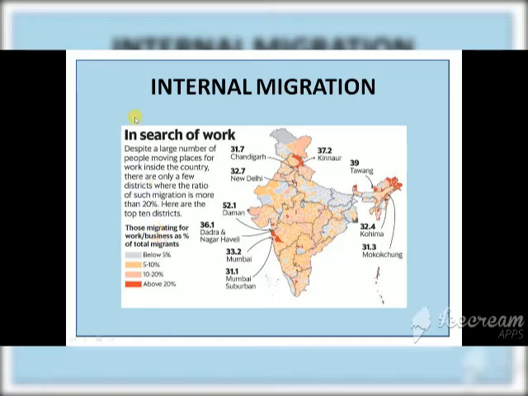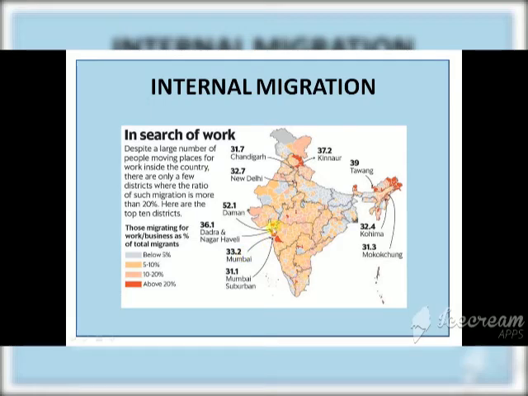So you can see here, in search of work, people move from different countries also, but within the country also there is migration, and the ratio of such migration is more than 20%. So here are the top 10 districts.